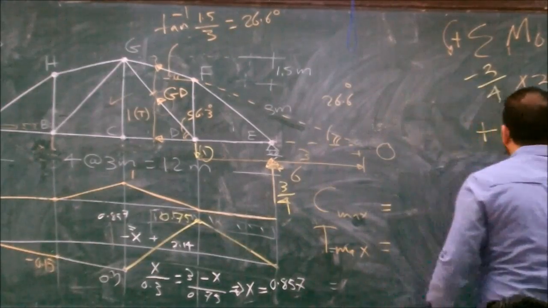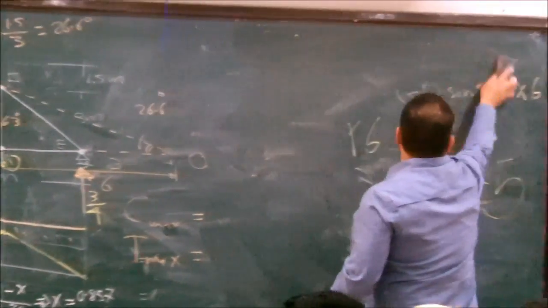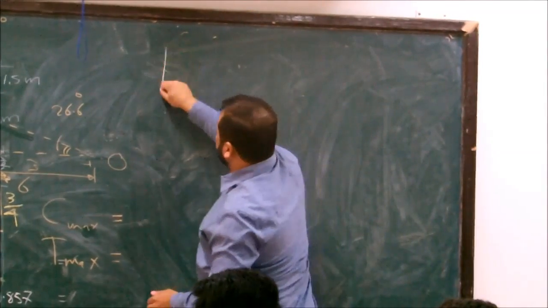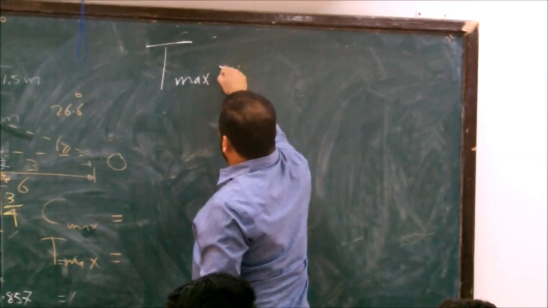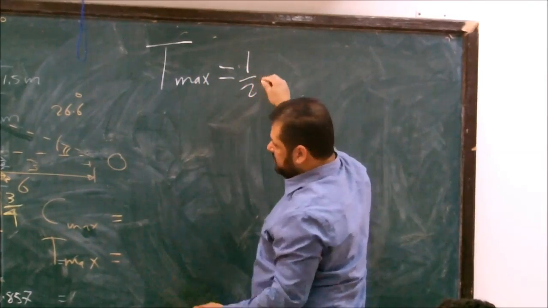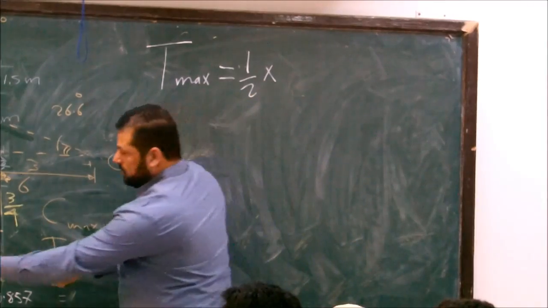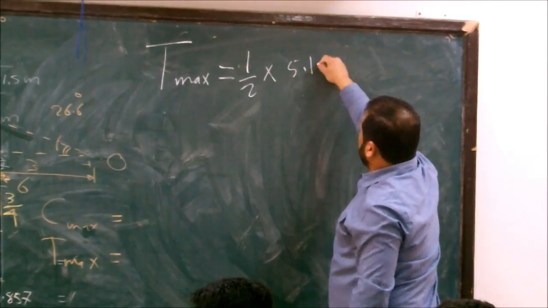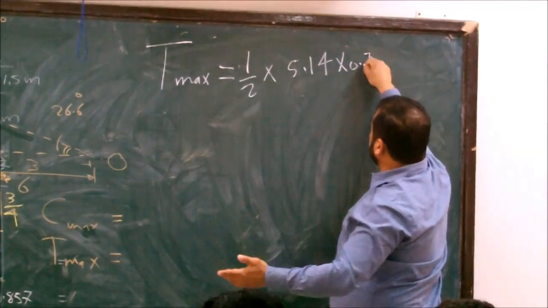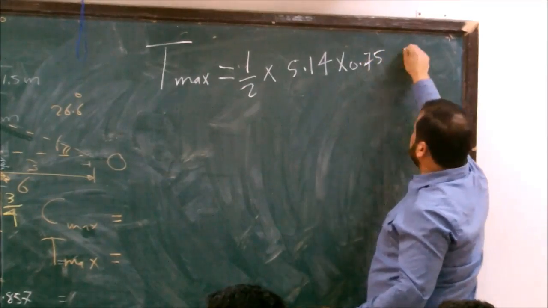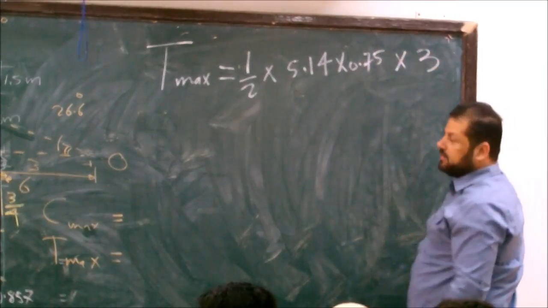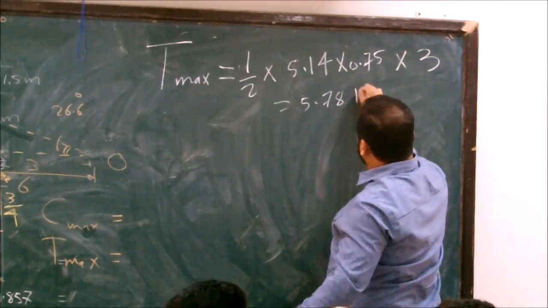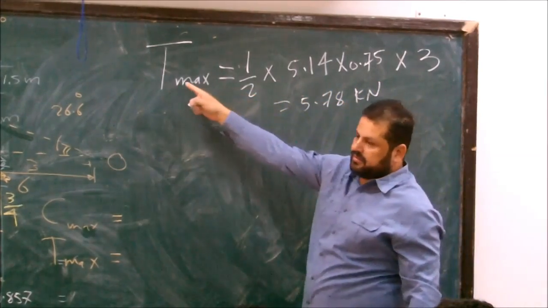T max, the maximum tension, equals half the area times all of this, 5 times the maximum ordinate of the height, which is 0.75, times the intensity 3. 5.78 kilonewton. That's the maximum tension.